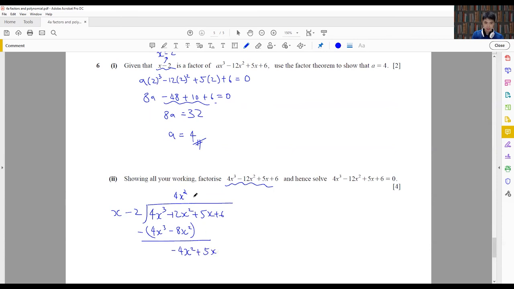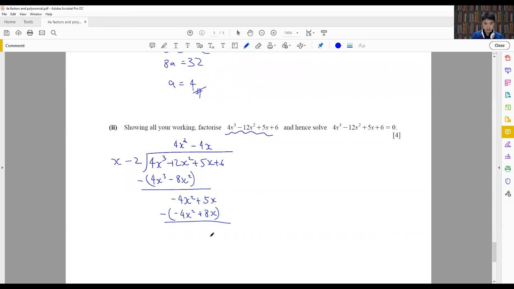So in this case here, the same thing, you would have minus 4x here, minus 4x times this, you get minus 4x squared plus 8x over this, and minus minus again, you would end up with 5 minus 8, negative 3x plus 6. So in this case here, you would have minus 3 times this, minus 3x plus 6, completely factorized.